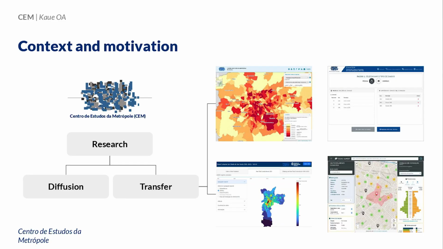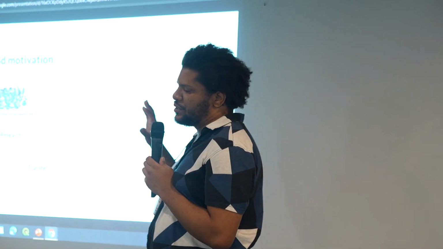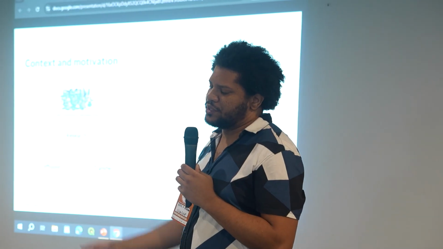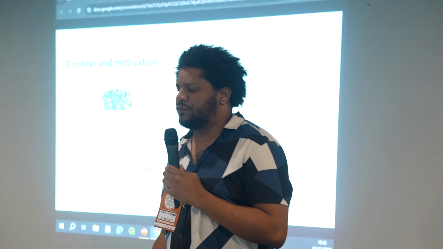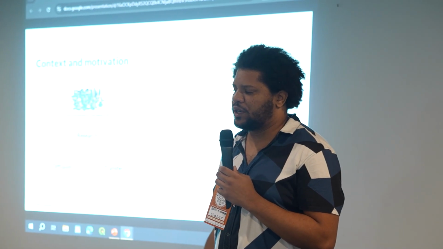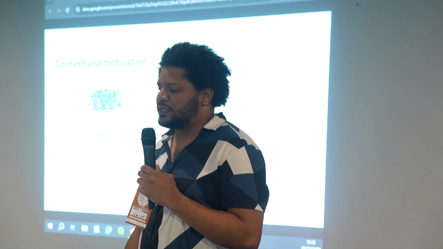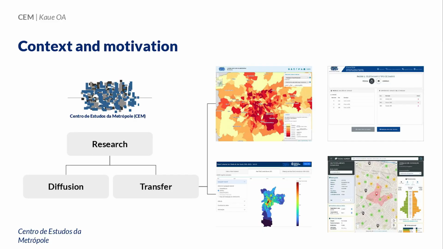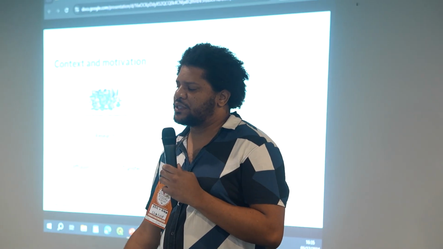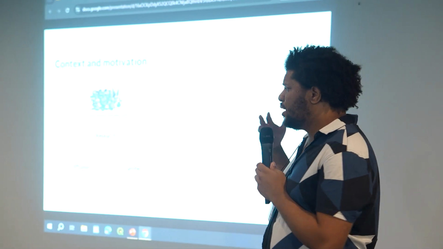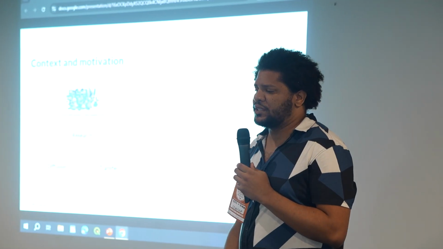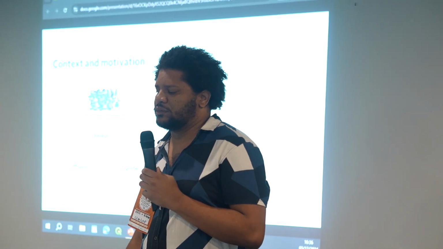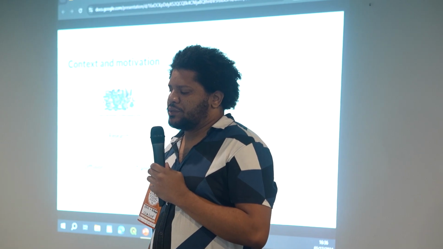So we have this structure in CEM, as we call it. So we have the research team, researchers do studies about inequality and public policies. We also have a diffusion department. It's like a sort of press office that got visibility about the research that is made in the institute.